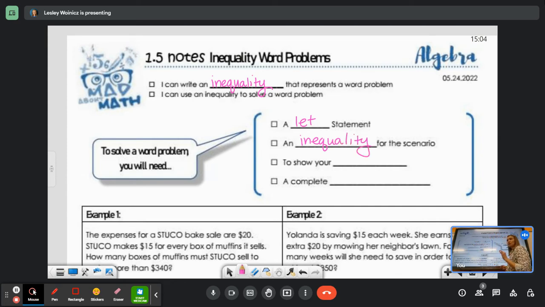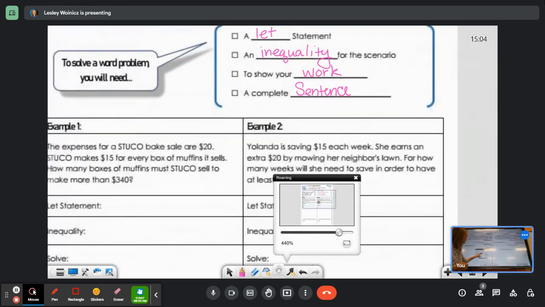What do we have to show to get points? Our work. And then at the end, we need a sentence. Okay, so far so good.